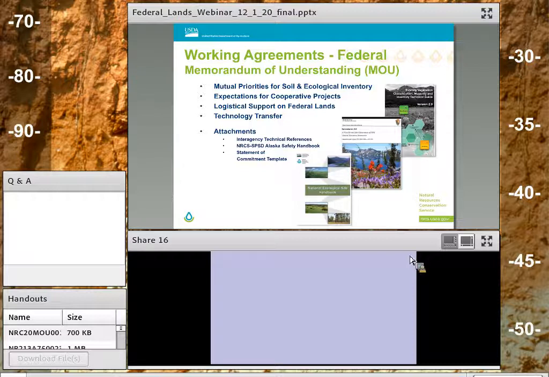So there are a few attachments to this MOU, or these three MOUs that are in draft. Or I should say 2 MOUs that are finalized with National Park Service and U.S. Forest Service, and one that's in draft with the Bureau of Land Management.